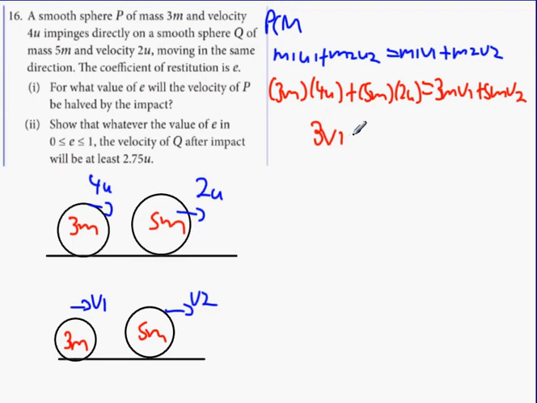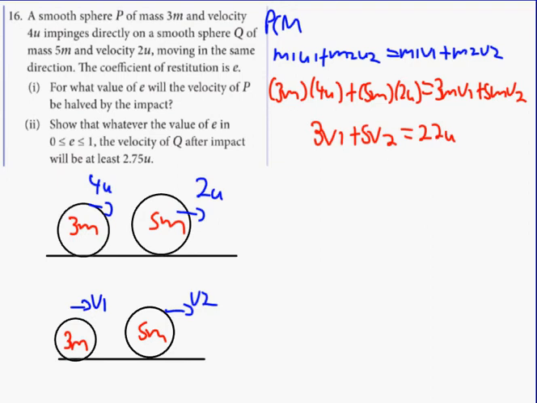So 3v1 plus 5v2, and 12 plus 10 is going to give me 22u. Are we happy enough with that one?